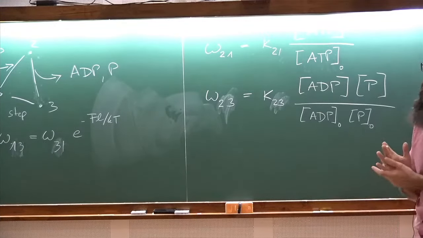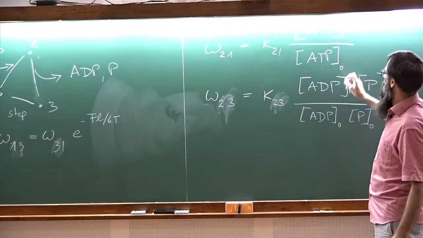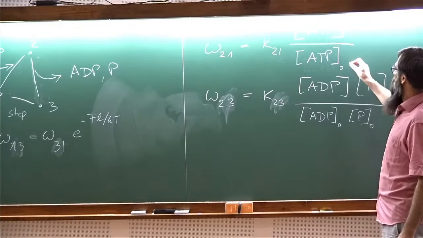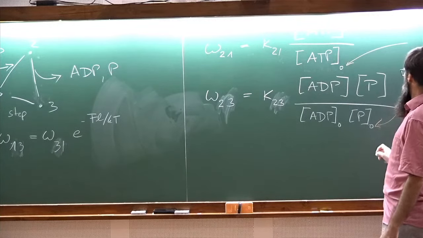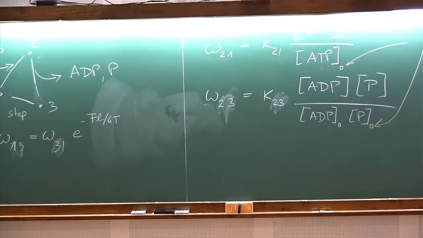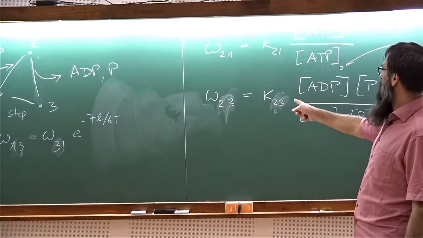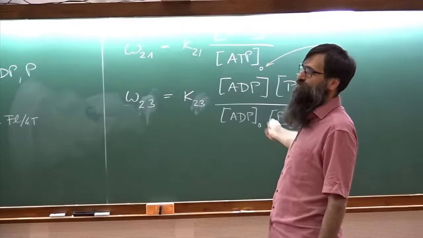There's one more thing that I will do, which will be convenient later: these reference concentrations, let me take a color here. The reference concentrations I use are the concentrations that I have in an equilibrium of the reaction. Sorry? It's 2,3, which means transition from 3 to 2.